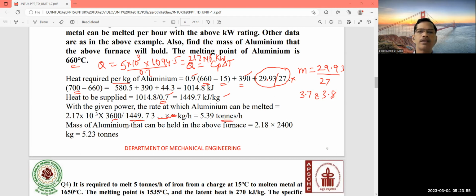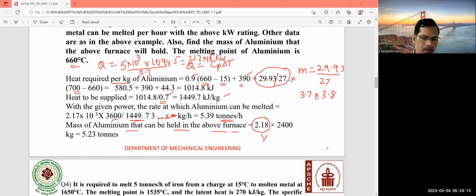So what is the mass of the aluminum that can be held in the above furnace? That is nothing but equal to around 2.18, which is the volume.